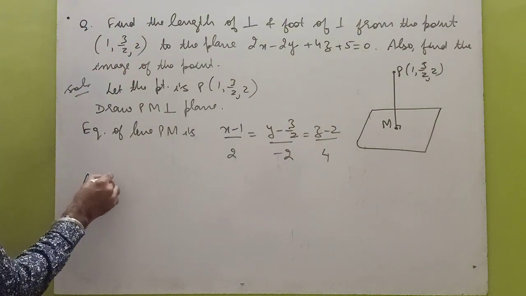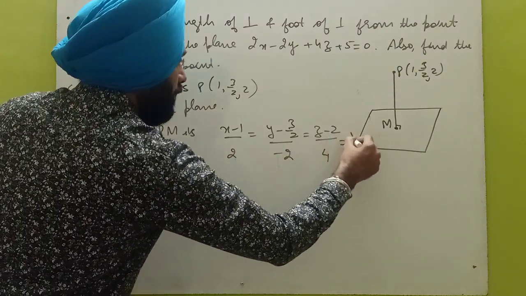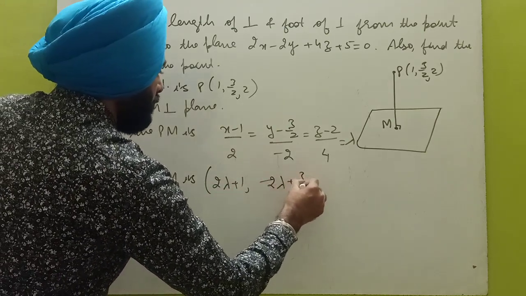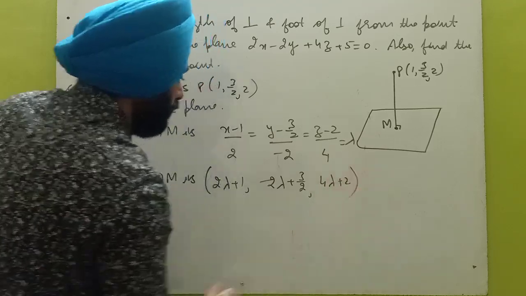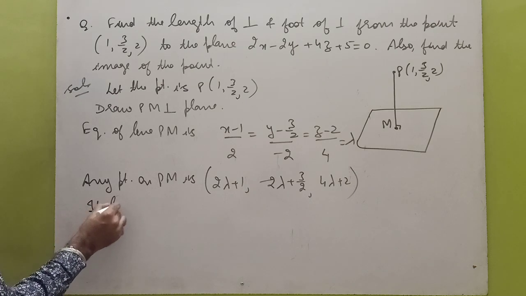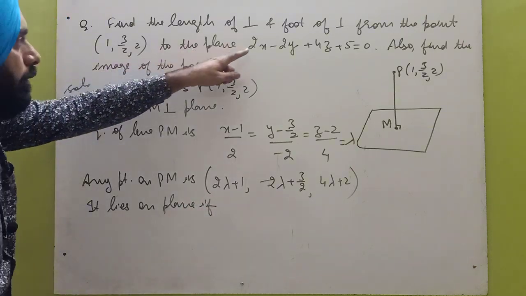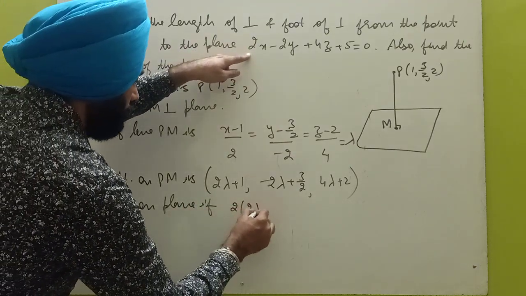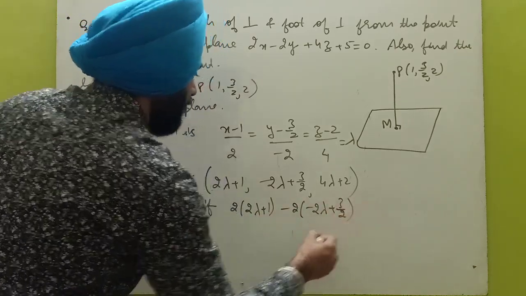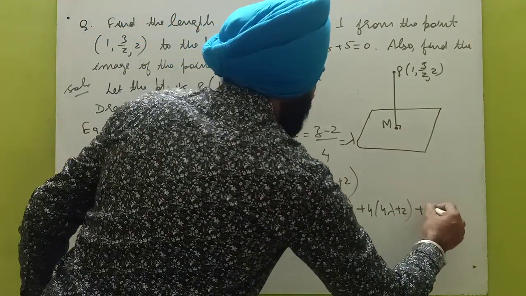Now take any point on PM. Put the ratio equal to lambda and find any point: (2 lambda plus 1, minus 2 lambda plus 3/2, 4 lambda plus 2). Now this point lies on the plane. If we put this point in the plane, 2 into (2 lambda plus 1) minus 2 into (minus 2 lambda plus 3/2) plus 4 into (4 lambda plus 2) plus 5 equal to 0.